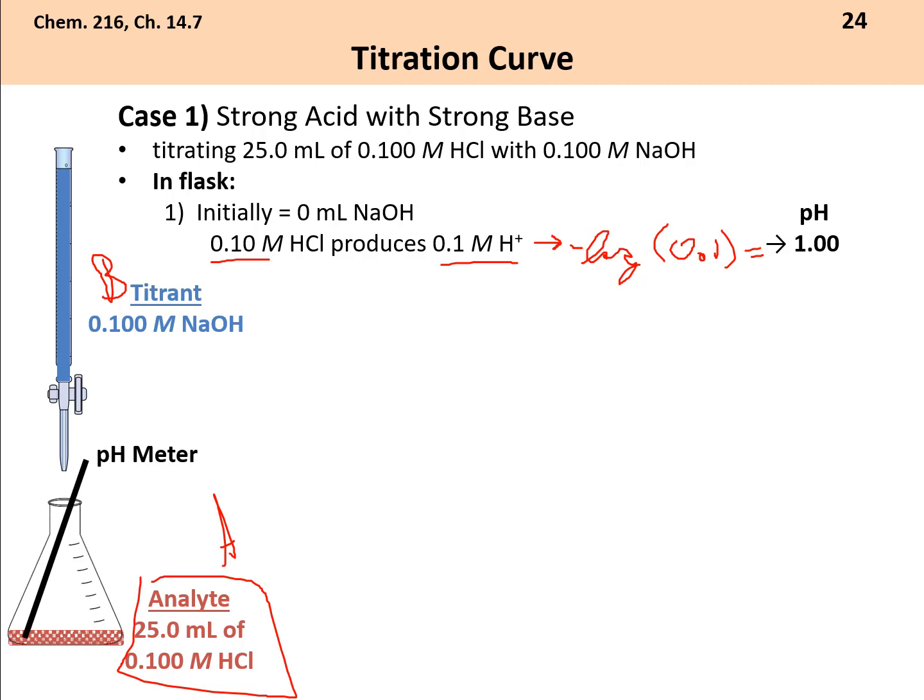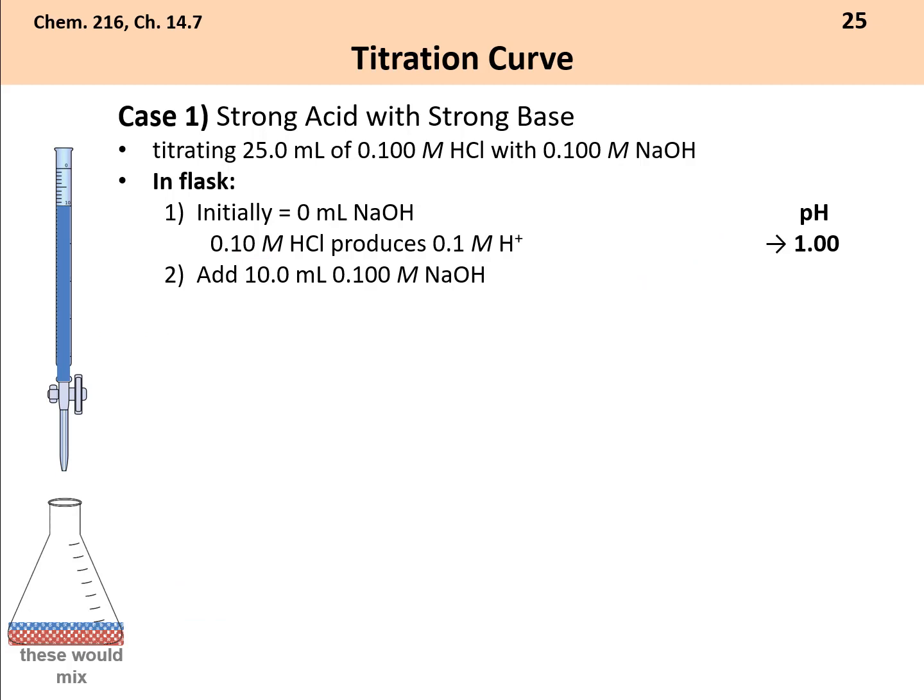Sometimes we actually figure out that equivalence point by indicator, right? Which is a color change indicator. But in this case, we're going to use a pH meter. Okay? So let's go ahead and let's try to figure out the pH when I've added in 10 mLs of my 0.1 molar NaOH. Okay?